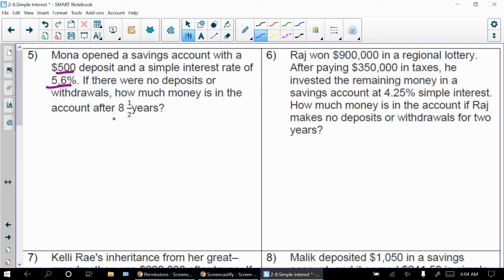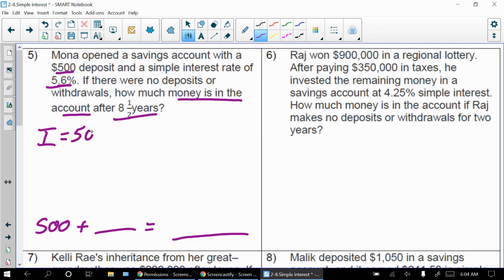How much money was in the account after 8.5 years? So, how much money is in the account? So the way that one is worded tells me that we have to find the interest and add it to our $500. And that will give us our total.